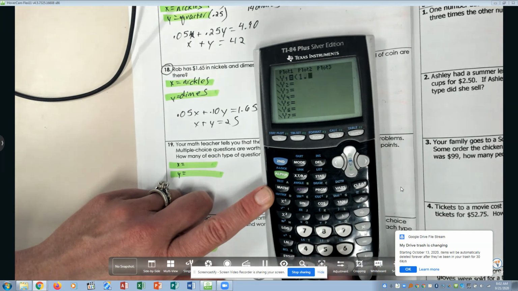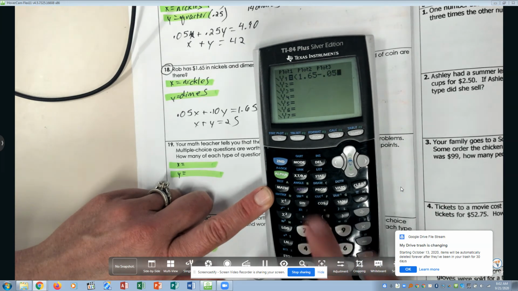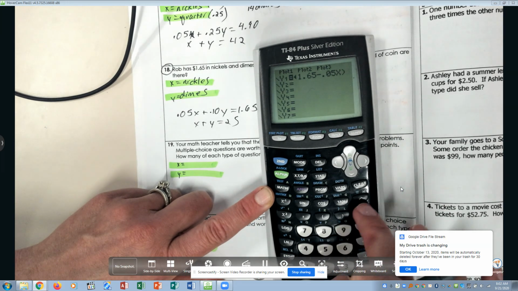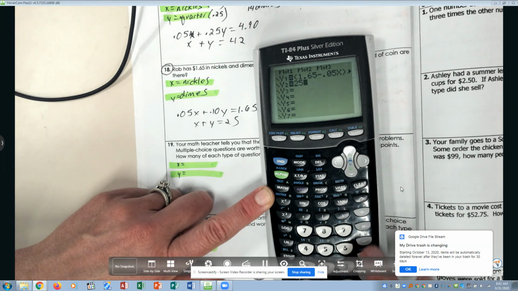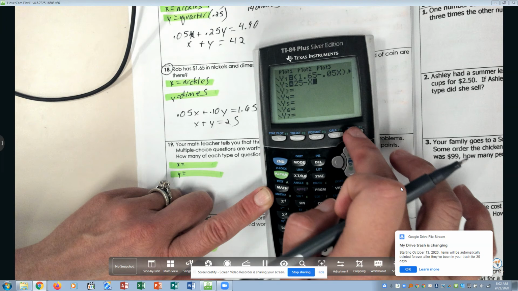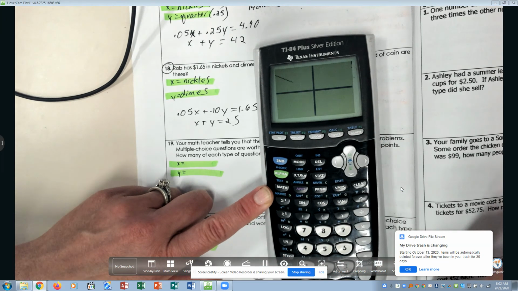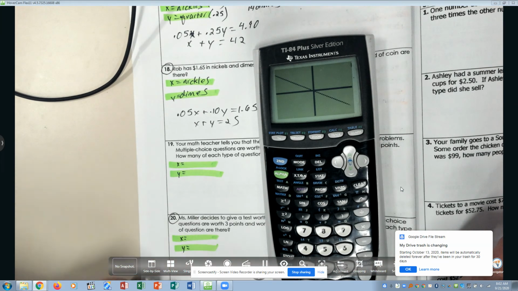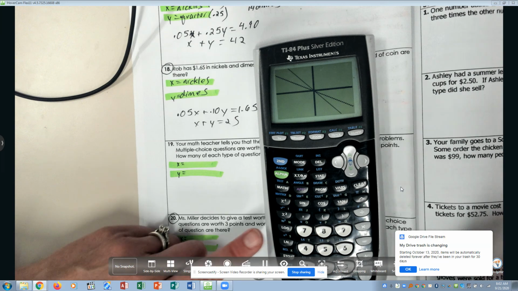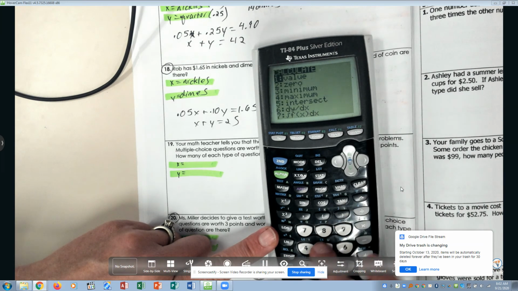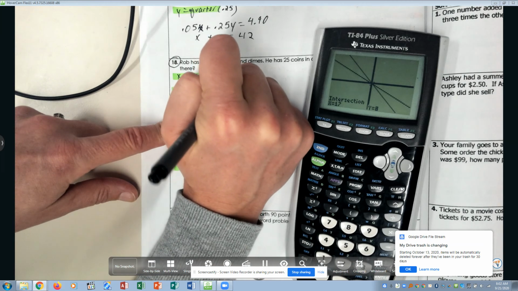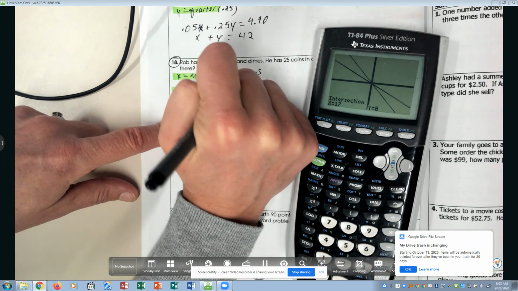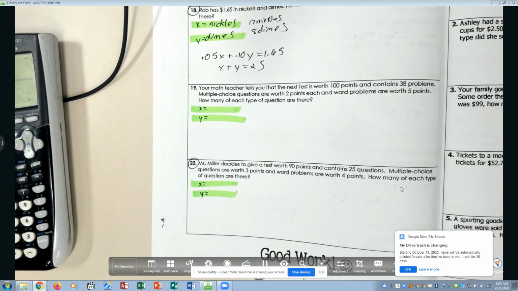So 165 minus 0.05x divided by 0.10 and 25 minus x. All right, so graph. Second calc, 5, enter, enter, enter. 17 nickels, 8 dimes. All right, now 19 and 20 have to do with test questions.